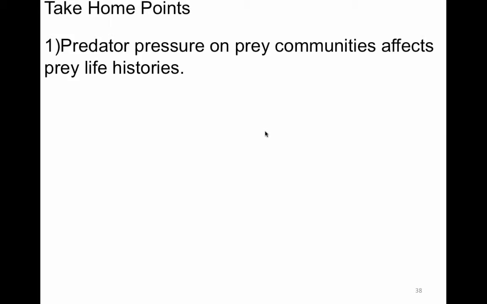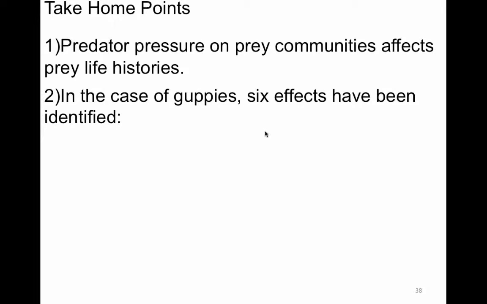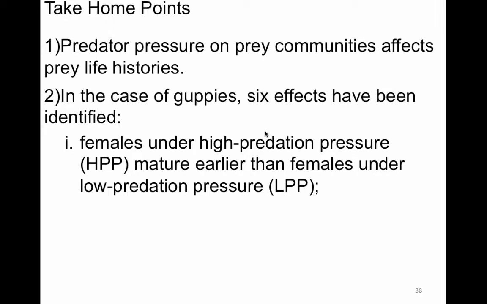Take-home points. 1. Predator pressure on prey communities affects prey life histories. 2. In the case of guppies, 6 effects have been identified. 1. Females under high predation pressure mature earlier than females under low predation pressure. 2.